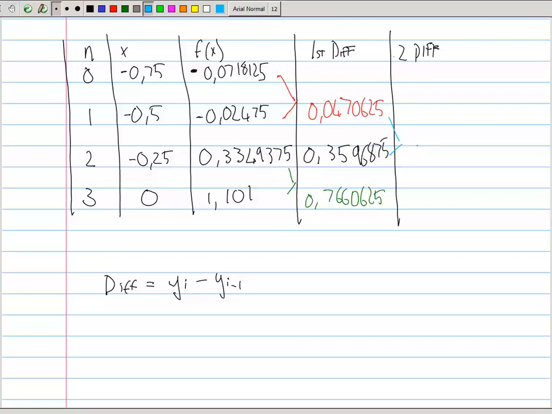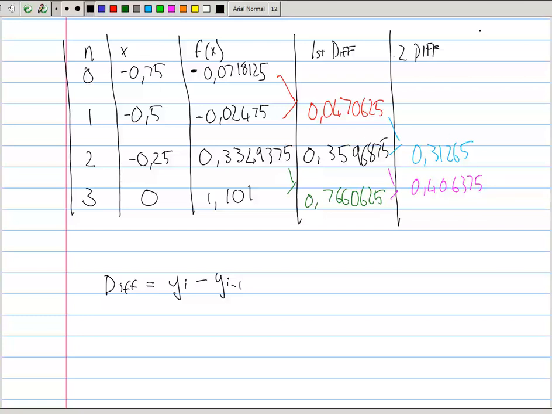We should land up with 0.31265, and the difference with the one on the bottom, in purple, so it's this and this, should come out as 0.406375.